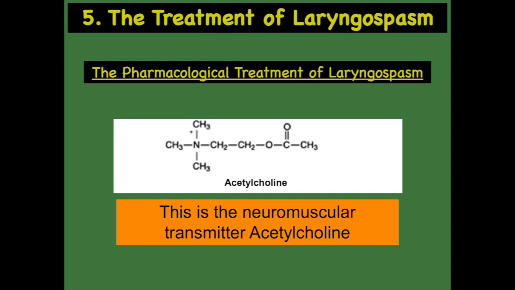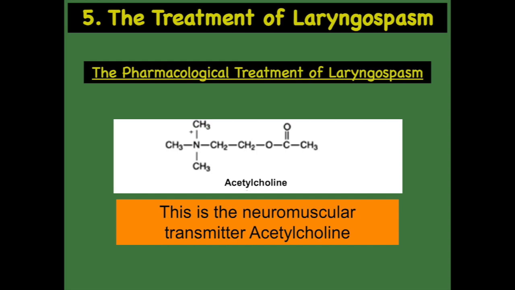This is a molecule of acetylcholine. Our parasympathetic nervous system releases acetylcholine to each of its receptors. The main parasympathetic nerve is the vagus nerve that wanders through the body. Acetylcholine's effect on the heart slows the heart down.